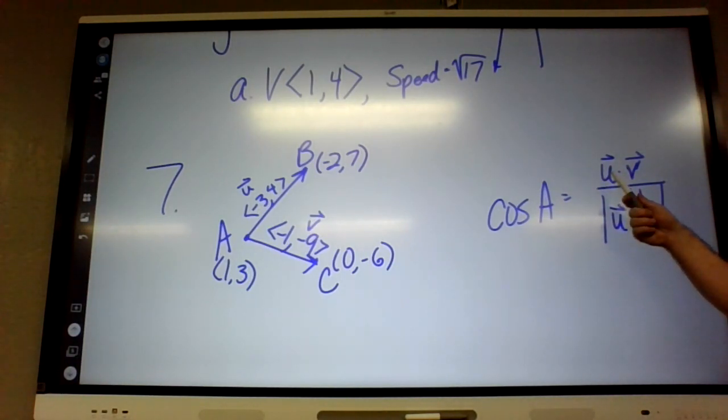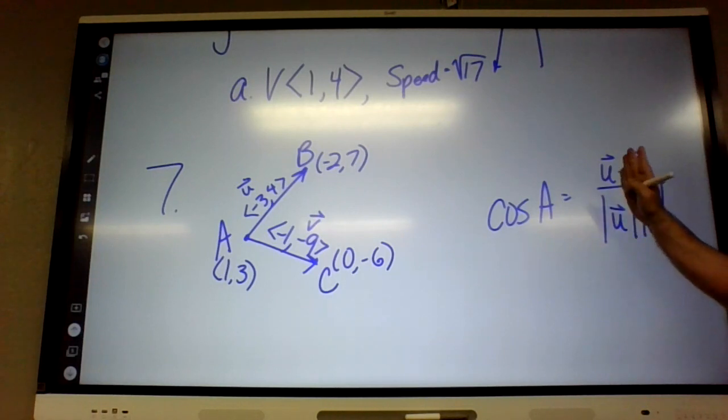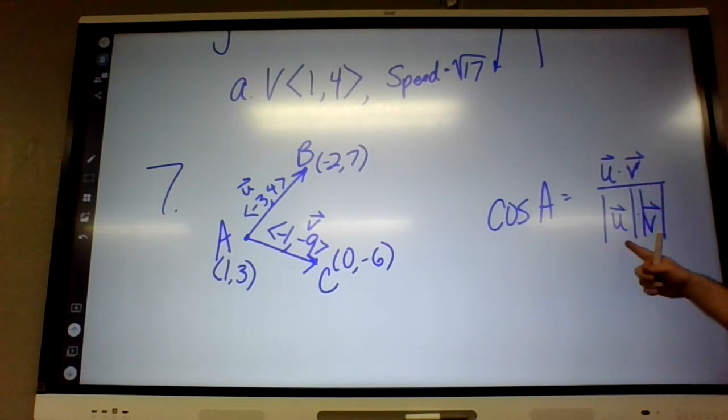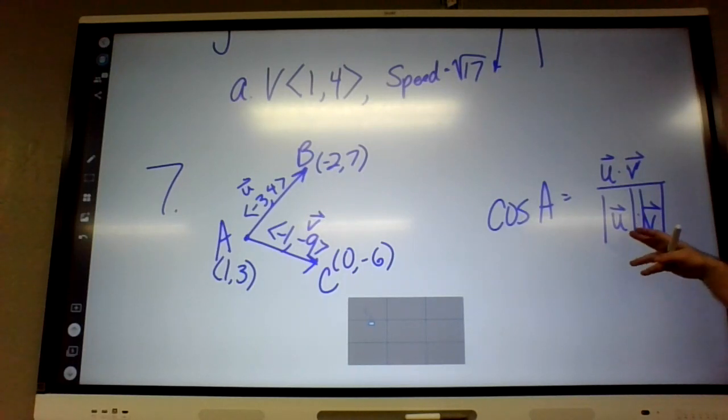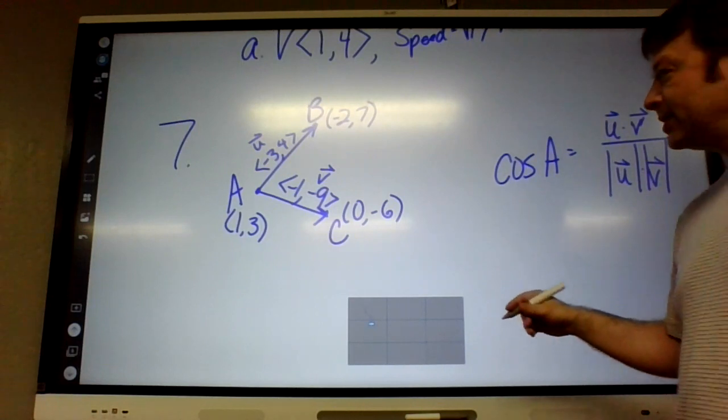Okay, so what did I say the absolute values meant? Just making positive. No, it means magnitude. Magnitude, how long the vector is. So you do magnitude times magnitude. Okay, dot product, we haven't talked about that today.